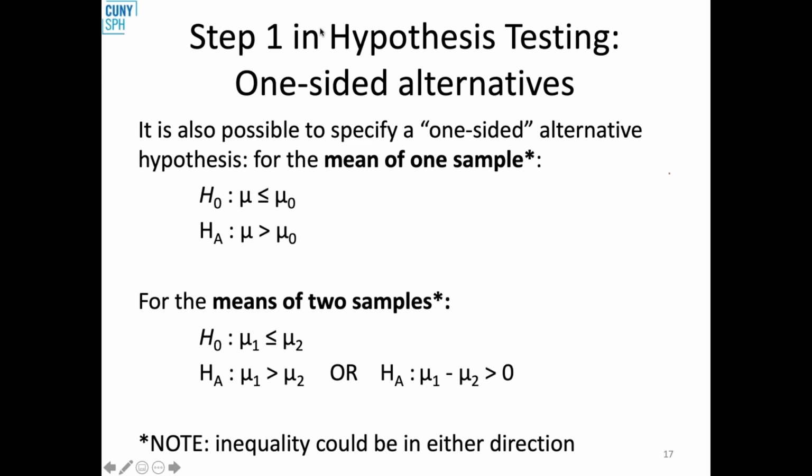So our null hypothesis is that the mean of the first group is equal to or less than the mean of the second group. In other words, it could be the same or less than. The alternative hypothesis can only be greater than. So in order to accept the alternative hypothesis, we have to have enough evidence to reject the null hypothesis, which says it's equal to or less than.